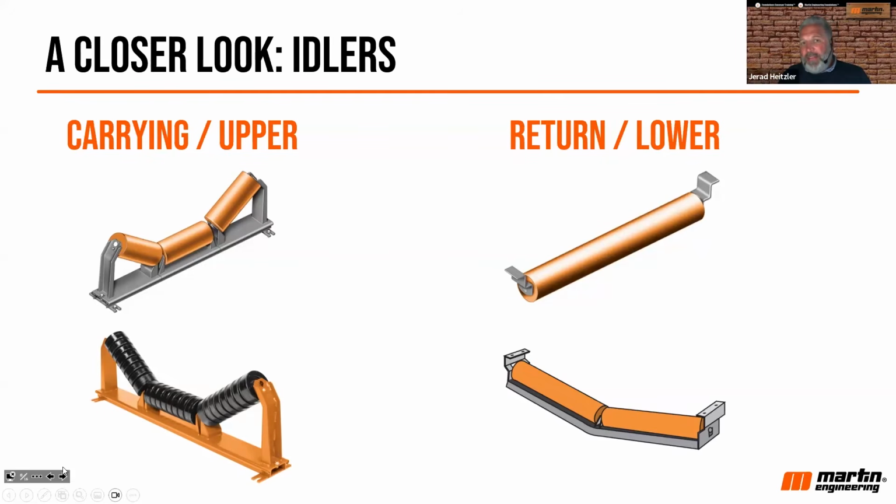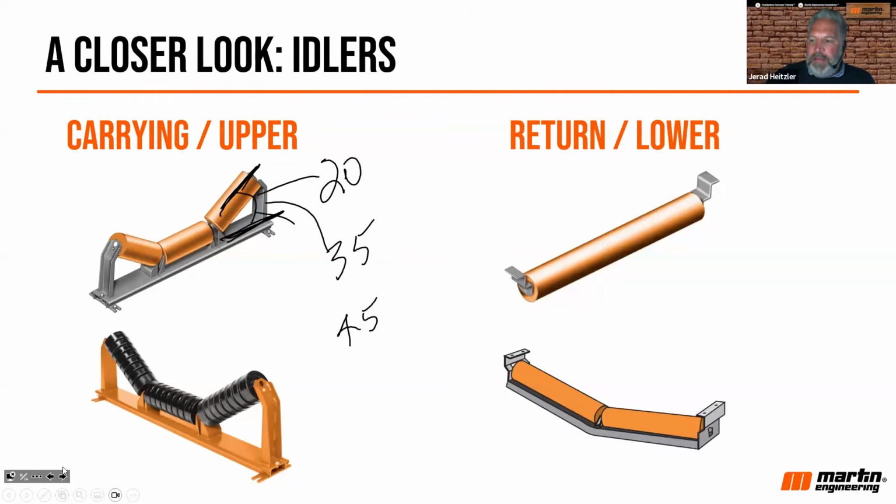In the US, there's 3 standard troughing angles: 20 degrees, 35 degrees, and 45 degrees. That refers to the angle between the wing roll and how the belt would lay flat. This angle can be one of these 3 troughing angles in the States.